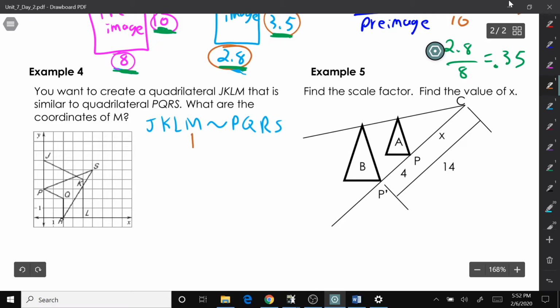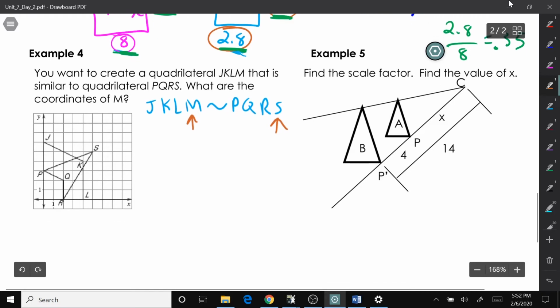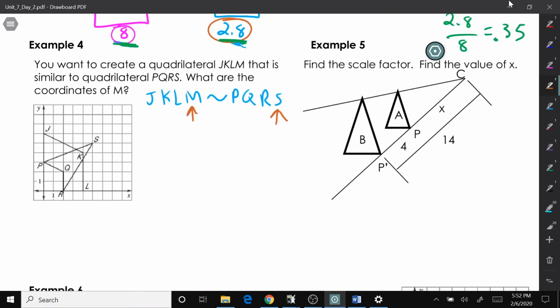So M and S go together. We have the coordinate of S, and we want to find the coordinate of M. But first we have to find our scale factor, or our k value.